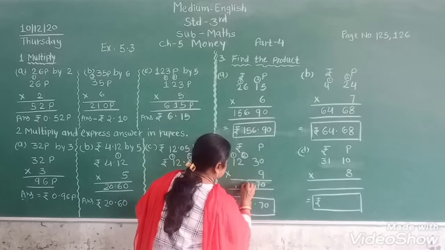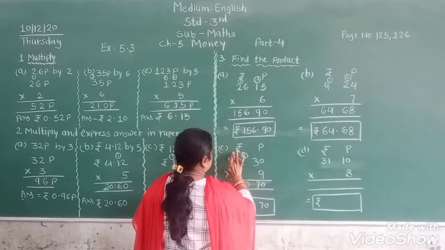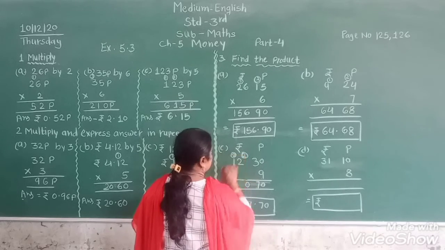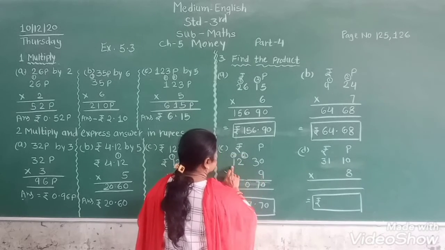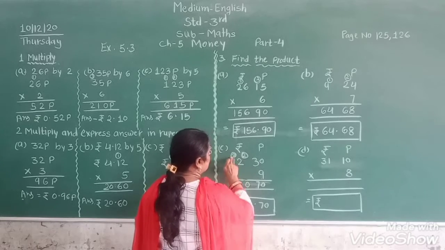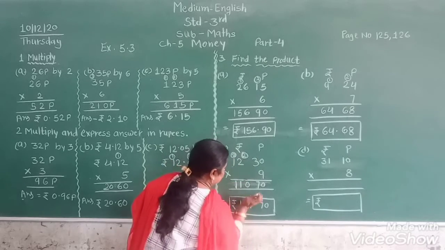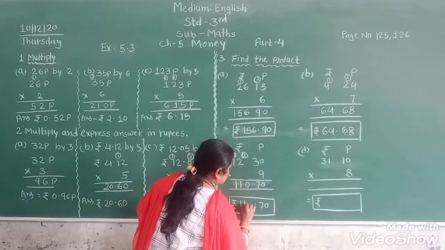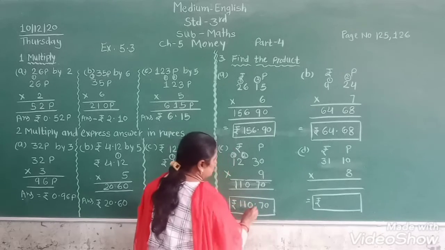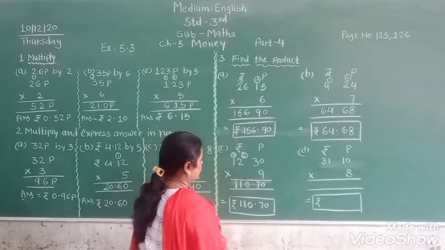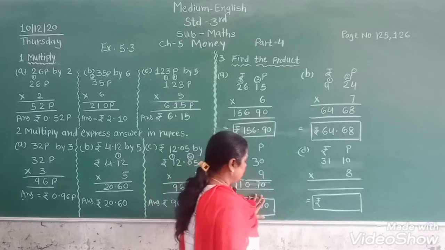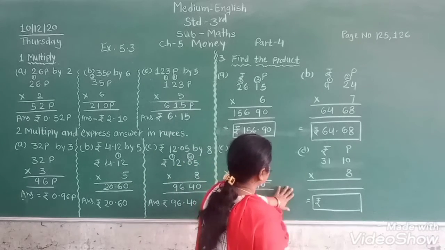So we write here 0 and 2 carry over. 9 1s are 9. 9 and 2, 11. So 110 rupees and 70 paise.